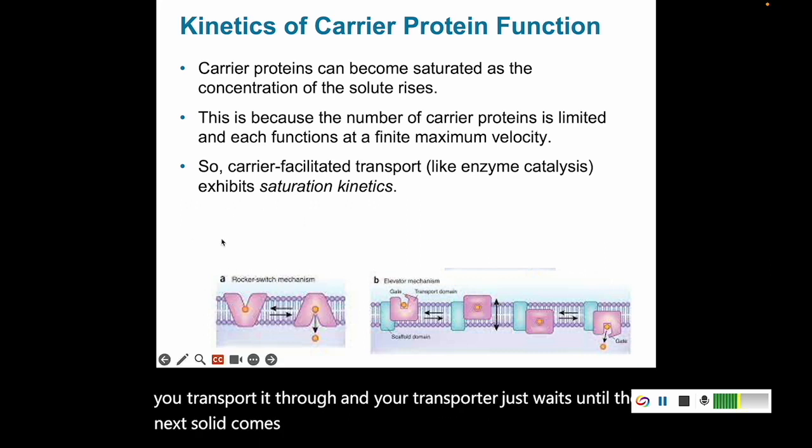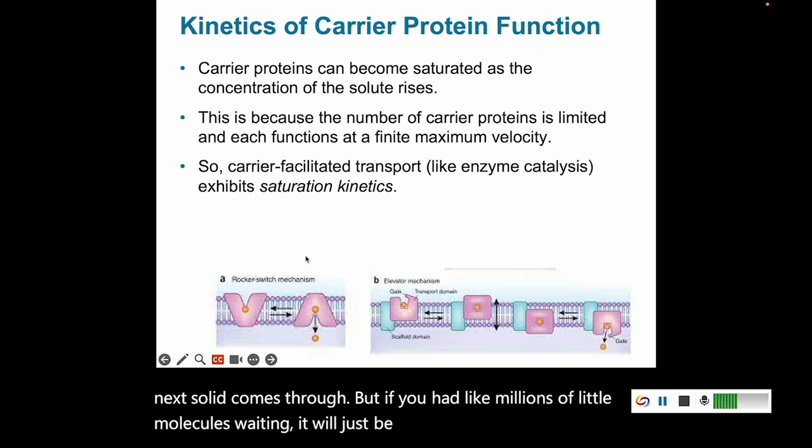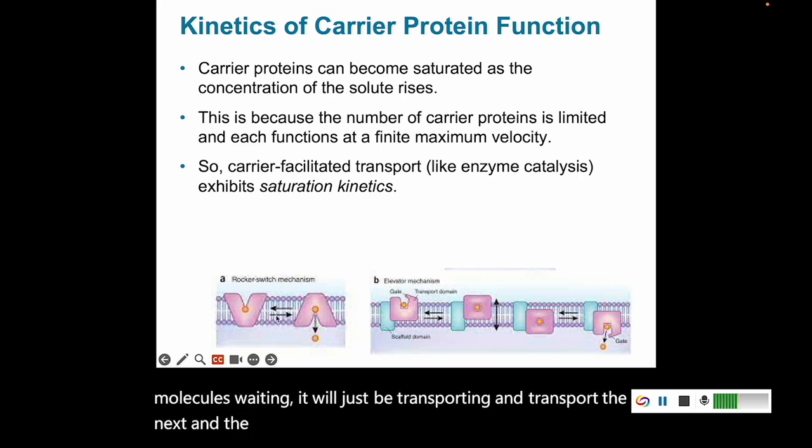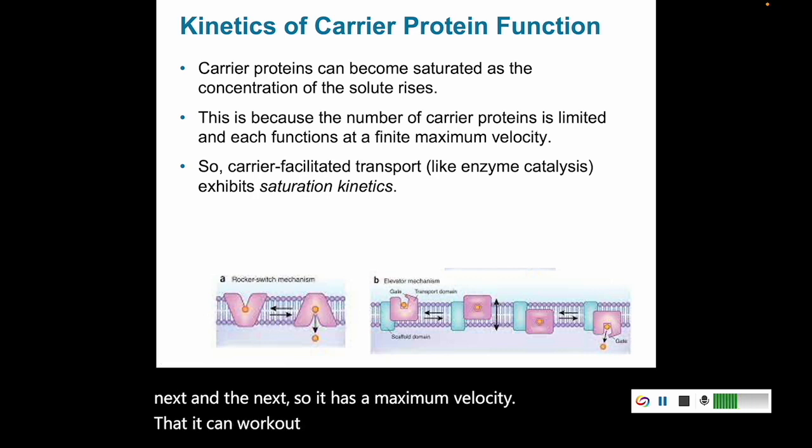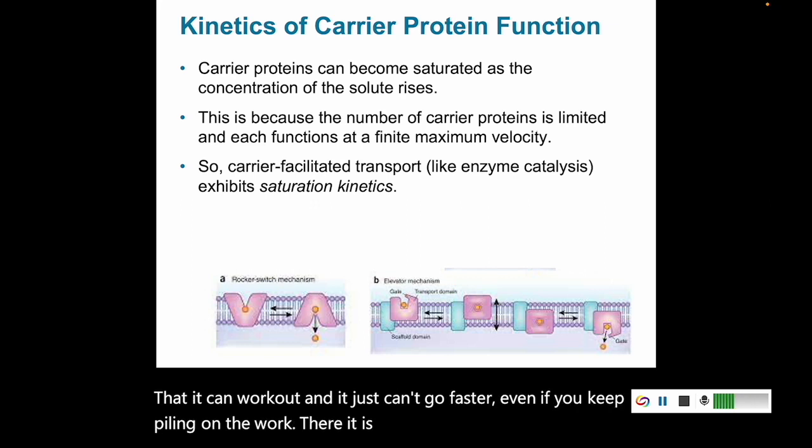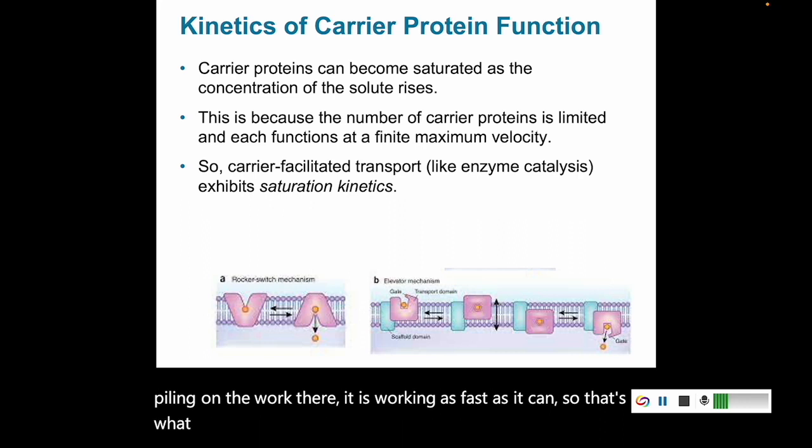But if you had millions of molecules waiting, it'll transport one, then the next, and the next. So it has a maximum velocity that it can work at, and it just can't go faster, even if you keep piling on the work. It is working as fast as it can. That's what saturation kinetics is. Eventually, it's going to hit its limit.